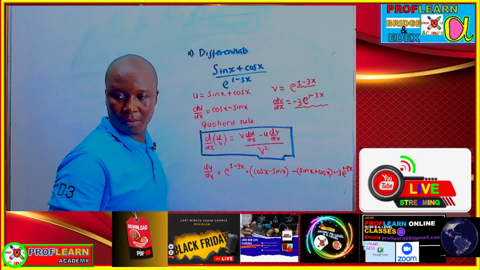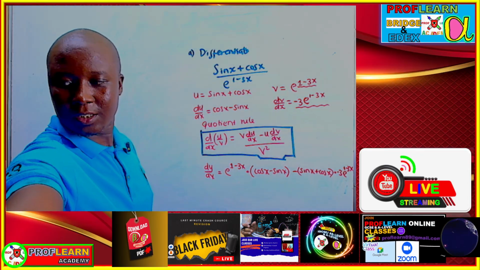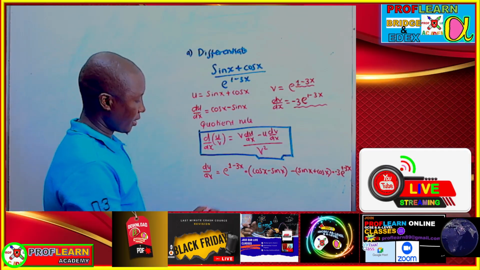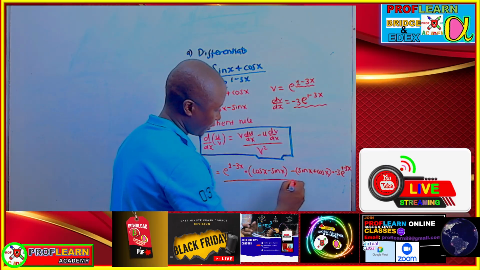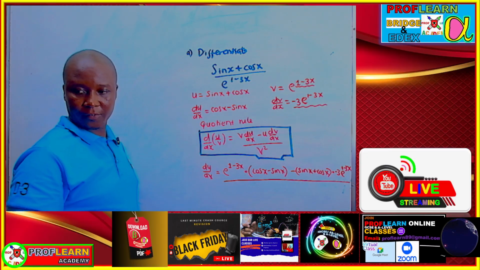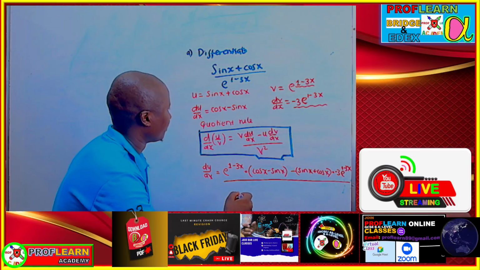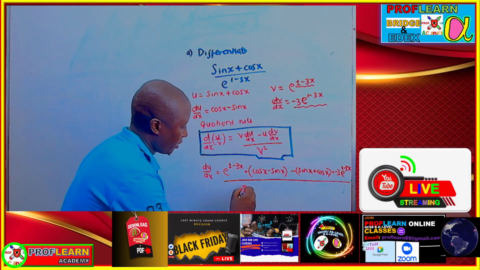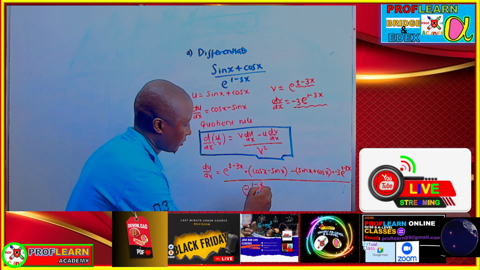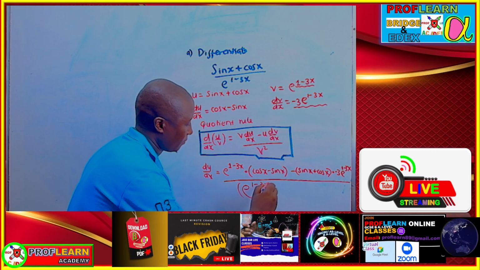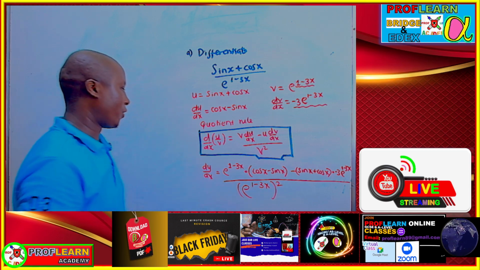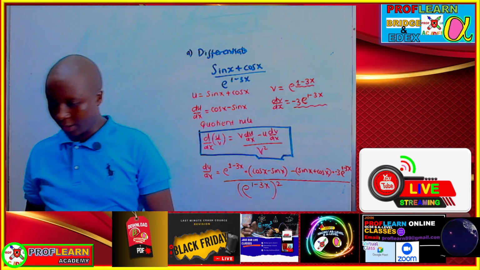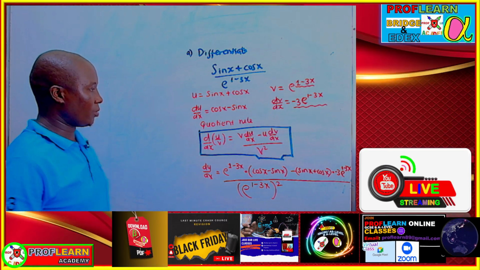I believe you can see that point here. Then we divide everything by v squared, but v was e^(1 − 3x), so it's going to be e^(1 − 3x) raised to power 2.